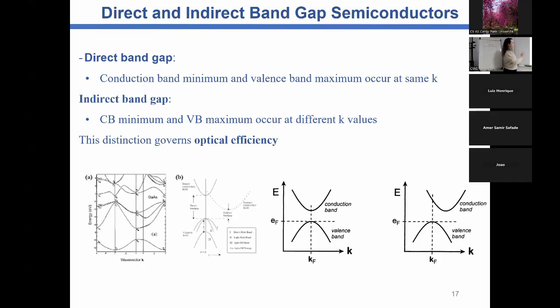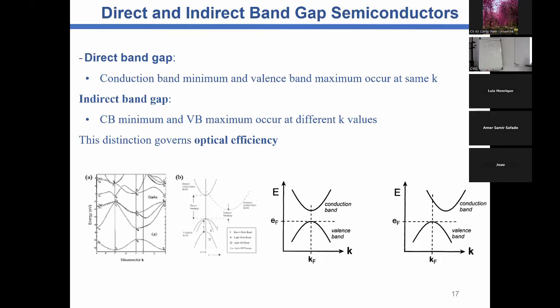So if the position in the band density of states is different, it means that the highest energy of the valence band is not at the same position as the lowest energy of the conduction band. So it is different in terms of k vector, because of the scattering of the carrier, electron-phonon coupling, and several other things that could have an effect.